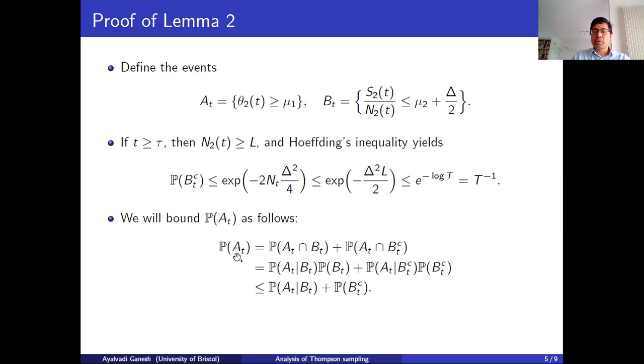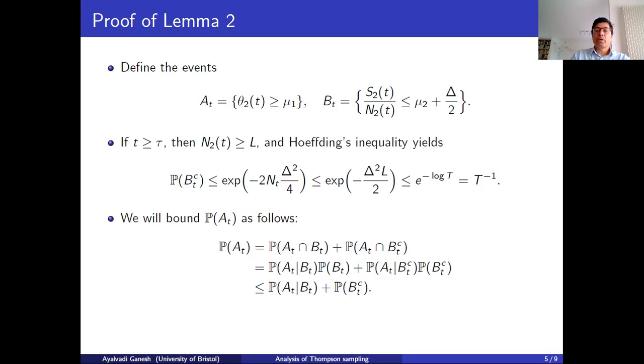So the probability of AT is the sum of the probabilities of these disjoint events whose union is AT. And now we can rewrite each of these intersections in terms of conditional probabilities. So the intersection of AT and BT has probability P(AT given BT) times P(BT), and similarly here.